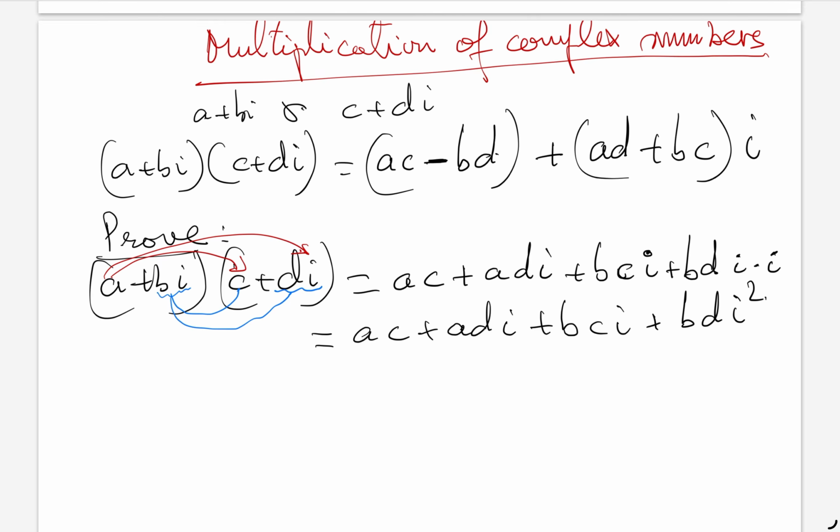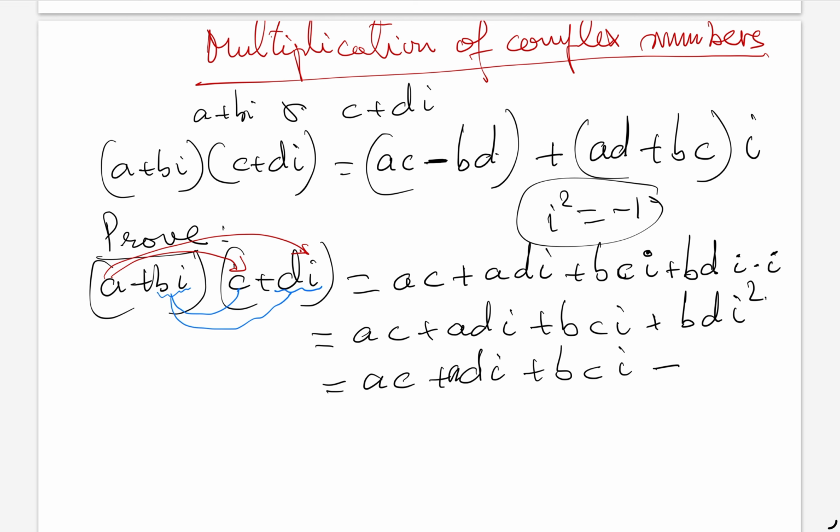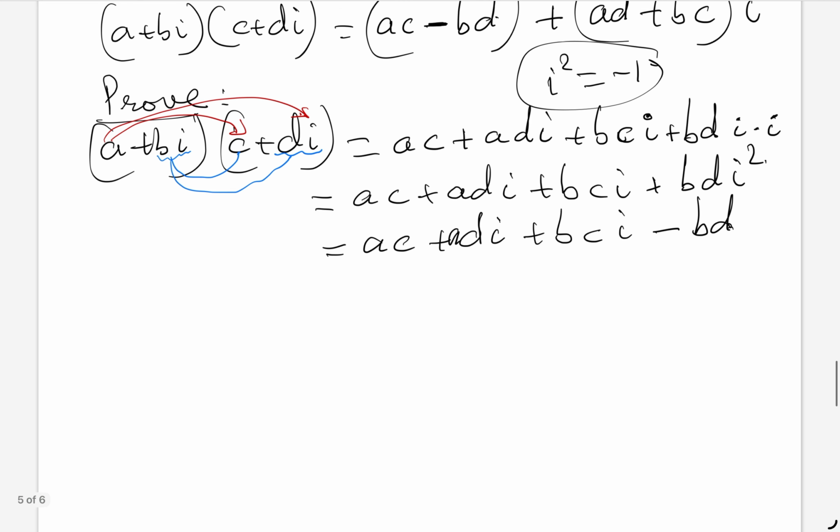And remember, i squared is always negative 1. So you have ac plus adi plus bci minus bd. Got it? And now you can combine the real numbers and the imaginary numbers.